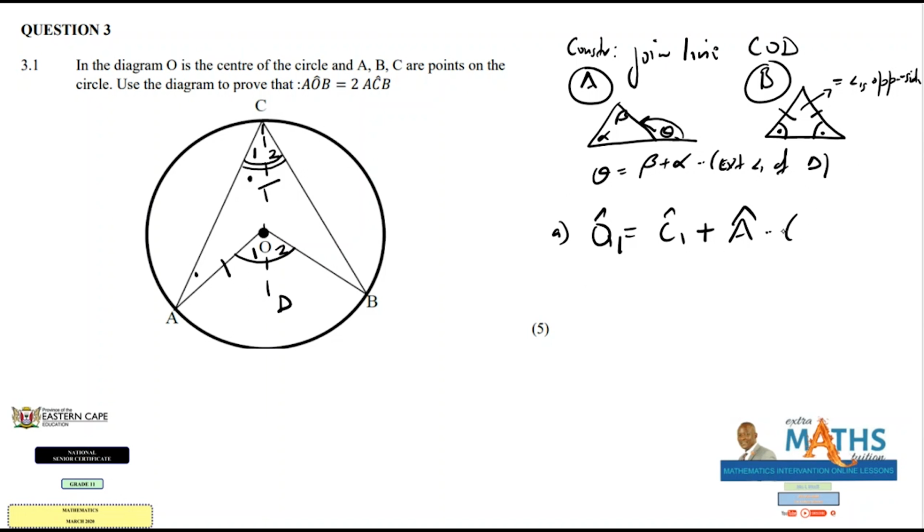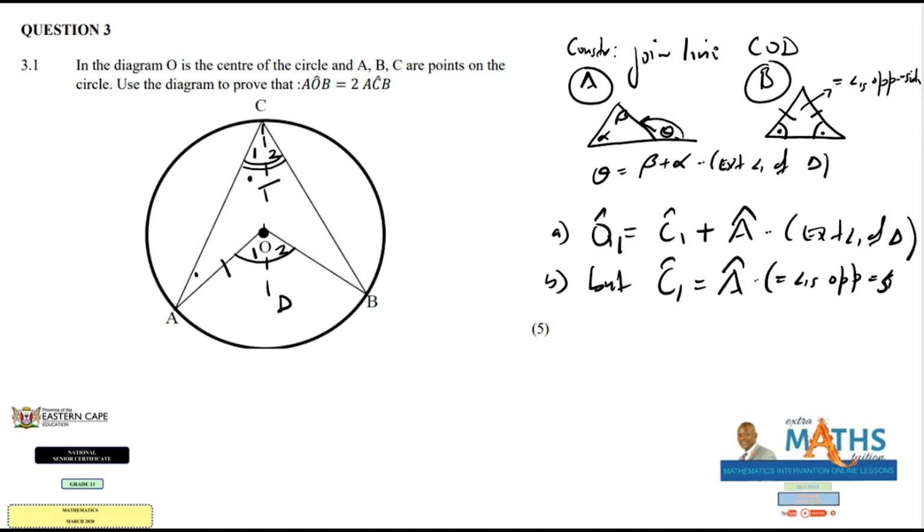The reason is the exterior angle of a triangle. But let us use this principle now, but angle C1 is equal to angle A. Why do we say so? It's equal angles, opposite equal sides.